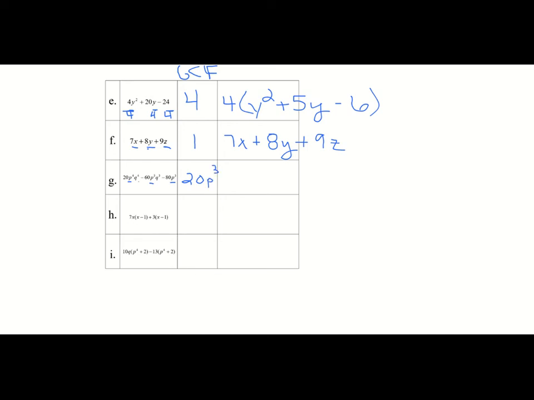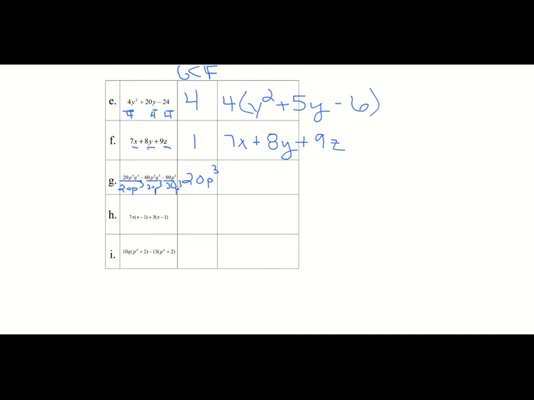Only the first 2 have a q, so I can't include that in my GCF. So what I'm going to have to do is divide everything by 20p cubed. 20p cubed, 20p cubed, and then 20p cubed. And I know it looks a little crazy, sorry.